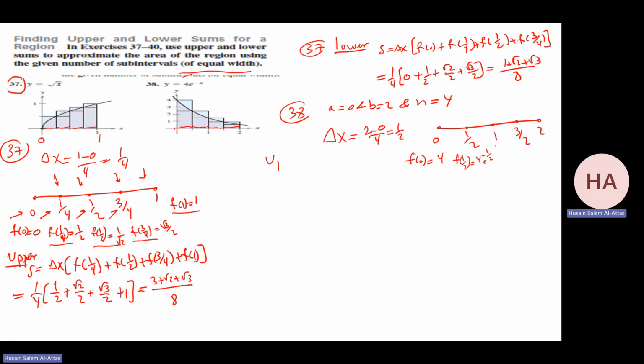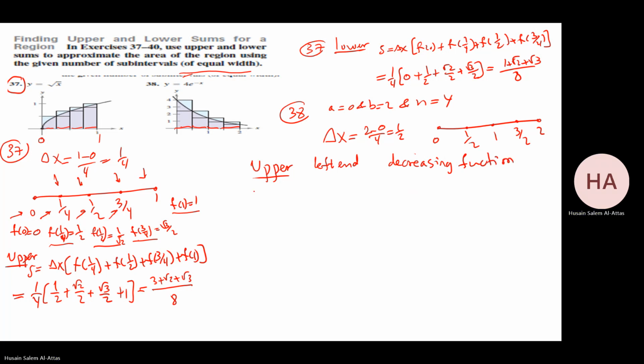Not easy to check f at 1, but from the graph it is very clear, no need to waste time. Since the function is decreasing, if I want to take the upper interval, I'll take the left endpoint. I think this idea should be clear.